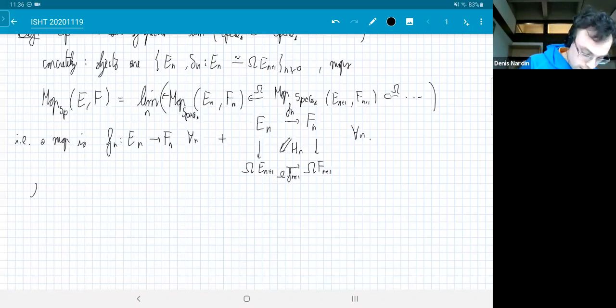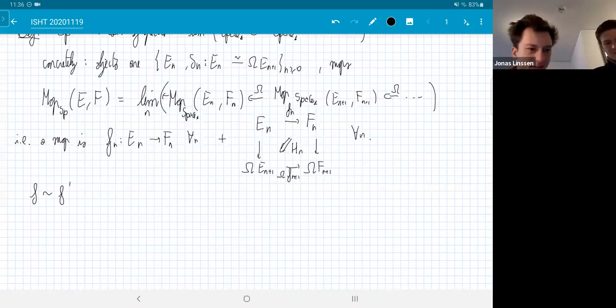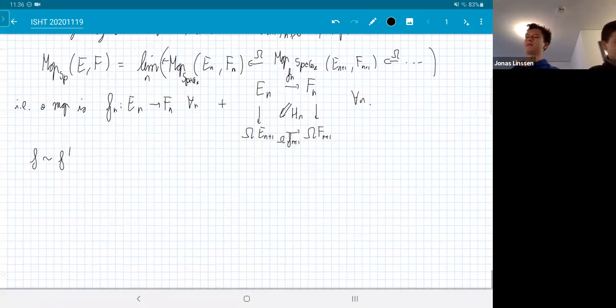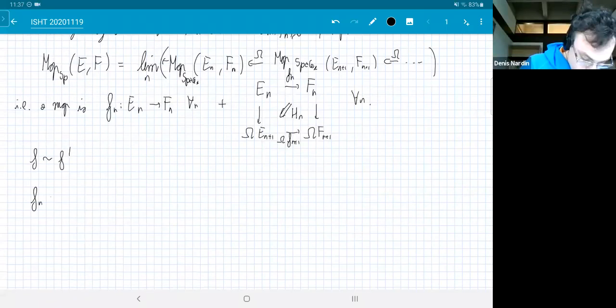So a homotopy between two of these things is going to be a collection of homotopies I'm going to call Kn from Fn to Fn prime.